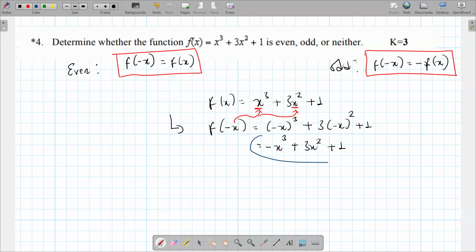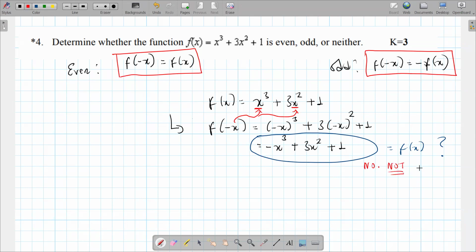Now, is this f of x? Is that what we had to begin with? No. So is the function even? No, so it's not equal to that, so it's not even.